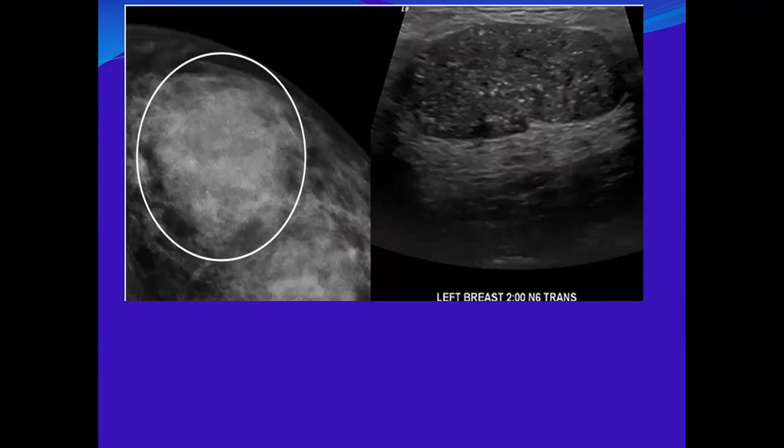We said 4B if asymmetry. No, we are talking about the mass. We said spiculated is BIRADS 5, but indistinct and microlobulated are BIRADS 4. Microlobulated is less suspicious than indistinct.